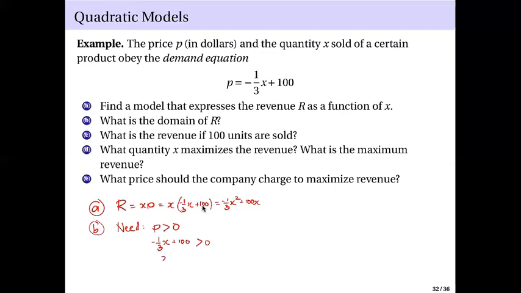But this means negative 1/3 x will be greater than negative 100. And then if you multiply by 3 on both sides, you will have x must be less than 300. Your x must be less than 300.